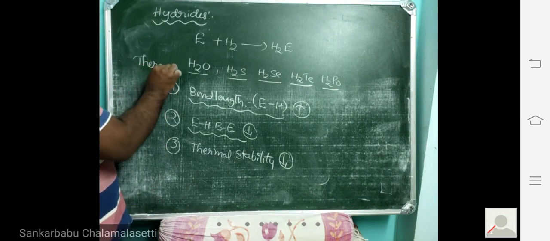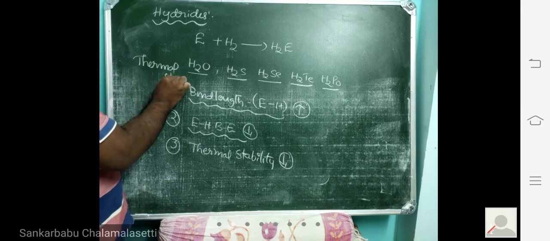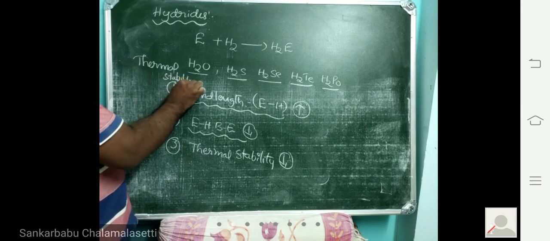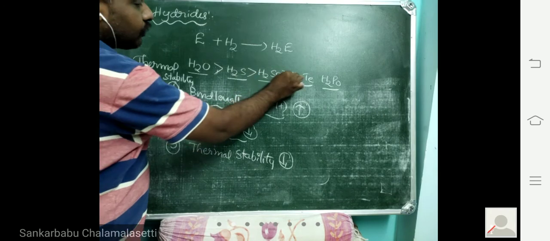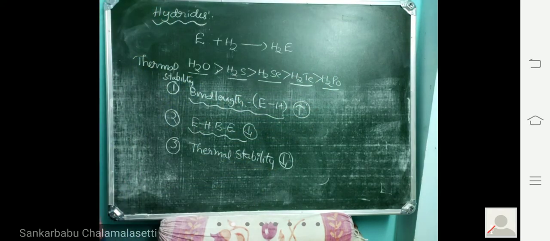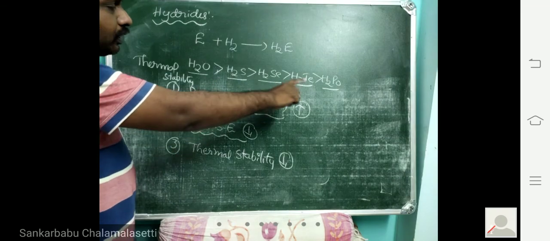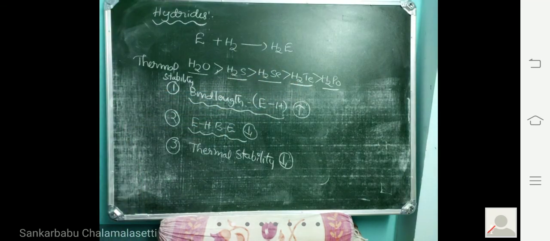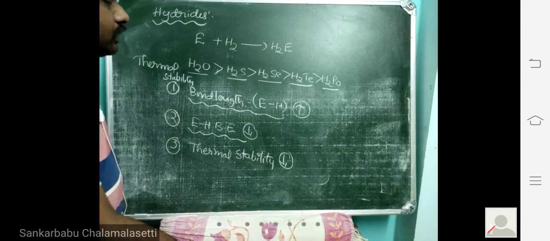So among these, which one is thermally more stable? Water is thermally more stable. The reason: from top to bottom, size of the central atom increases, bond length increases, bond energy decreases, thermal stability decreases.